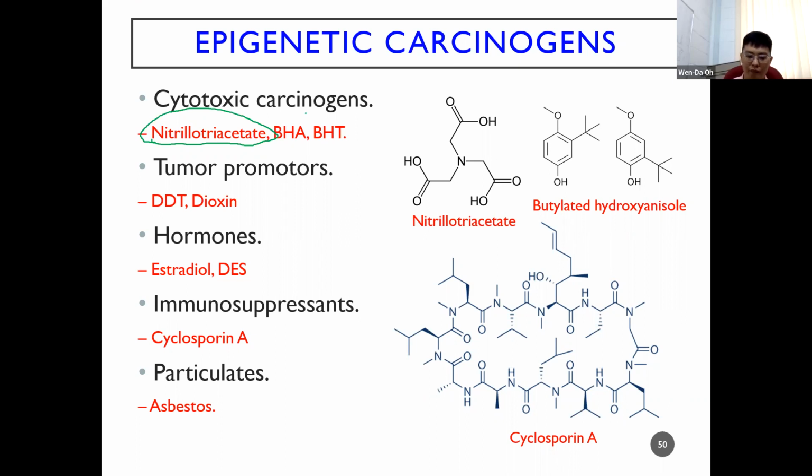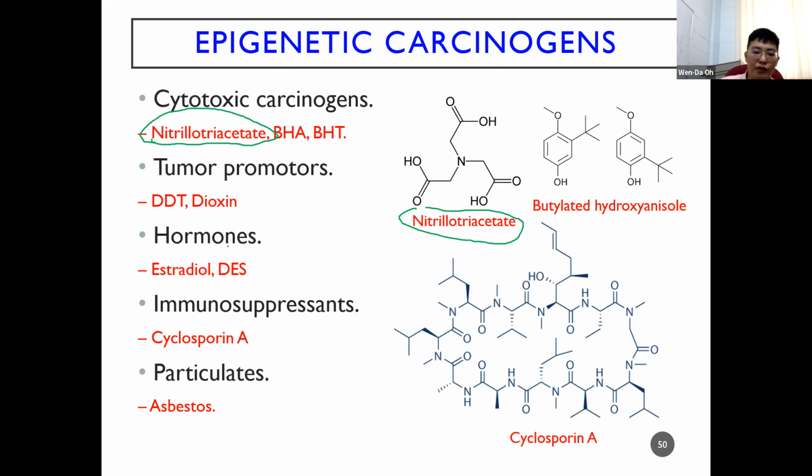But because of its widespread pollution, it caused a lot of issues in the environment because it's very recalcitrant. Then this chemical, nitrilotriacetate, was banned by the government in many countries, right? Of course some countries are still using it, but most of the countries have already banned this chemical.